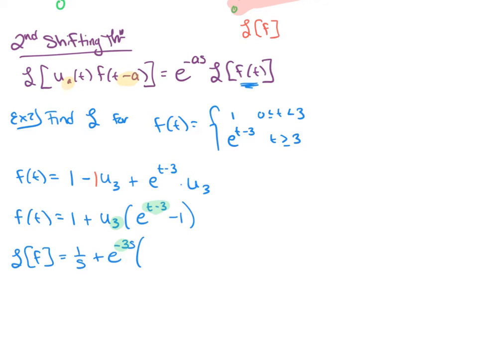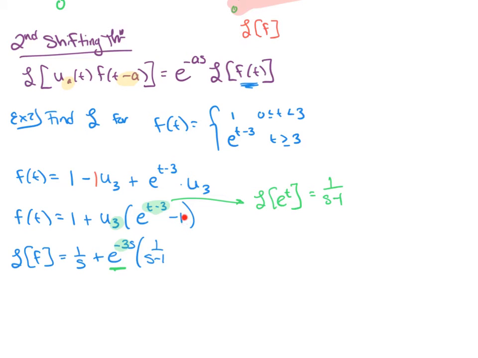So if you have a u sub 3, the variables should have a shift of 3. And if they do, awesome. Then you're just finding the Laplace transform of e to the t, and you can ignore the t minus 3 part. That was because you already took care of it with the e to the negative 3s out front. That already took care of our shift. So this Laplace transform was 1 over s minus 1. So this will be 1 over s minus 1.